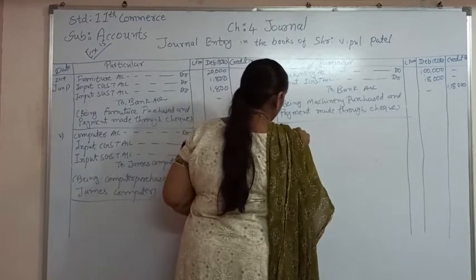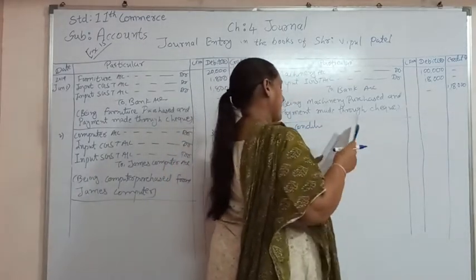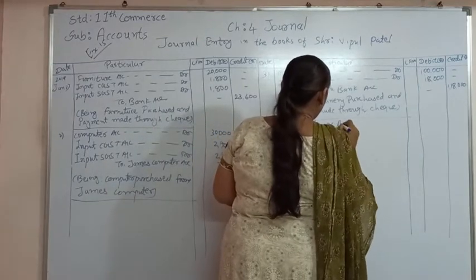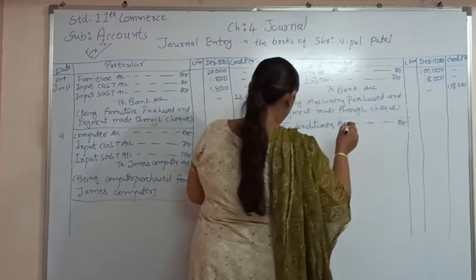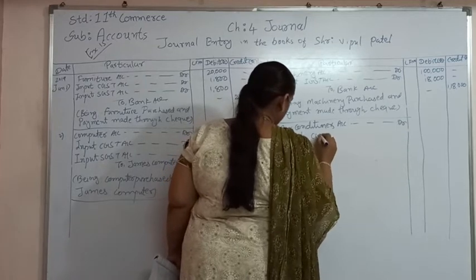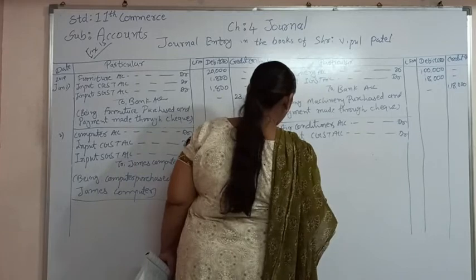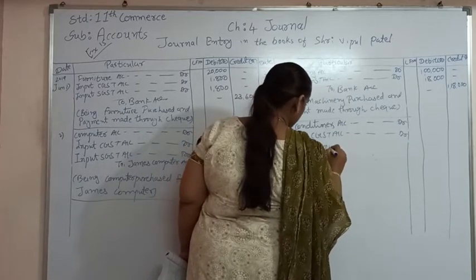So here: air conditioner account debit, input CGST account debit, input SGST account debit.